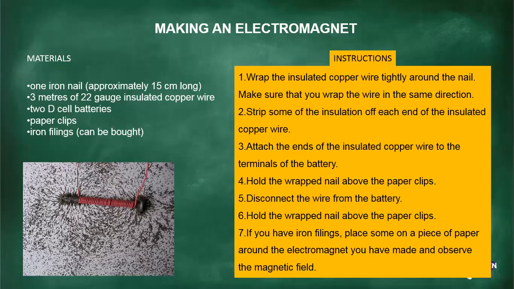Can you look at the picture on the left-hand side? You'll see that the iron filings move around in a pattern. They move in a circular pattern here, and towards the North Pole and the South Pole, they move outwards. They spread outwards. Okay.